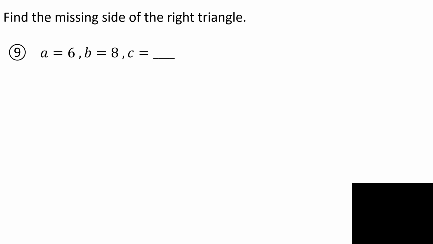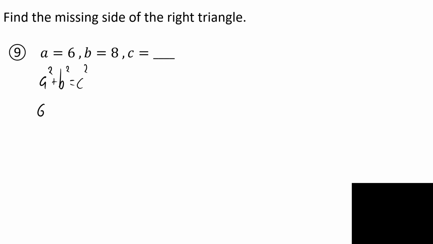All right, so for number 9, if we know that side A has a value of 6, side B has a value of 8, we want to figure out the value of side C. Again, if you want to challenge yourselves, you can pause the video. Okay, I would say we've got to start with a squared plus b squared equals c squared.